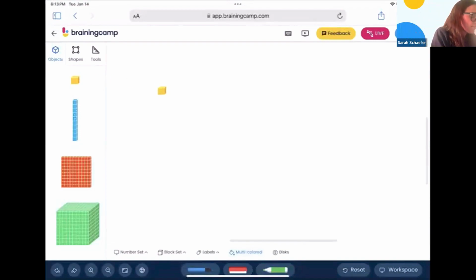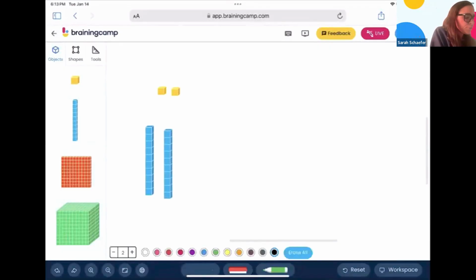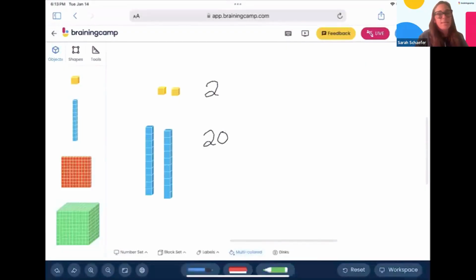Before we start with powers of 10, talk to me about the relationship visually. What can we say about the number 2 versus the number 20? What do you think, kids, when we're looking at that relationship, what would that mean?